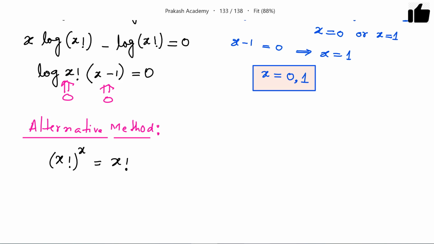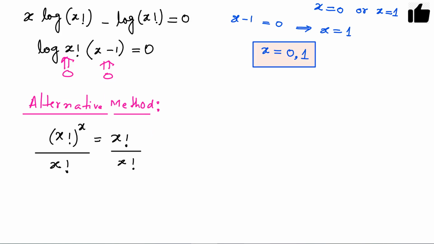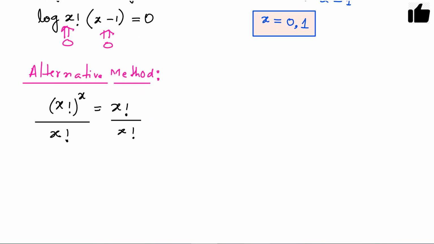Now let us divide both sides by x factorial. If I divide both sides by x factorial, the left side will be the same, but the right hand side will be 1.